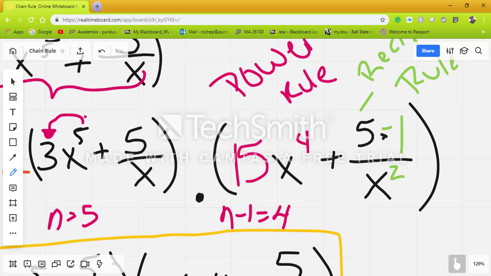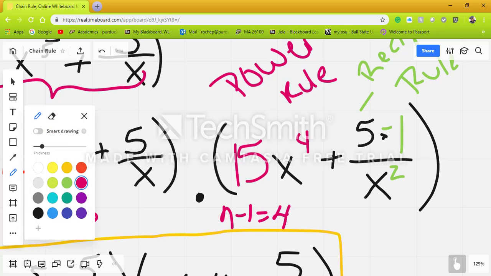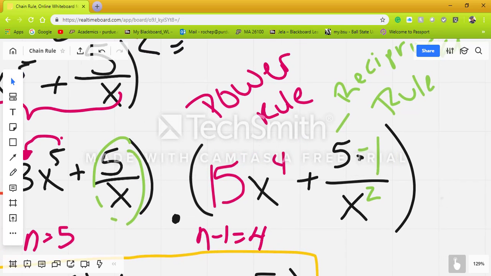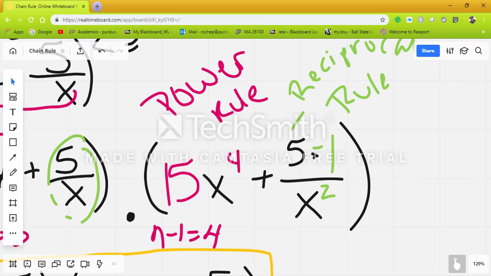And then now we do the derivative of the second part of our function. And here we could simply use the reciprocal rule. So the derivative of x is 1. But as said earlier, it is the negative derivative of the variable, so it becomes -1, and then remember to add 1 to the exponent on the bottom, so this becomes x squared.